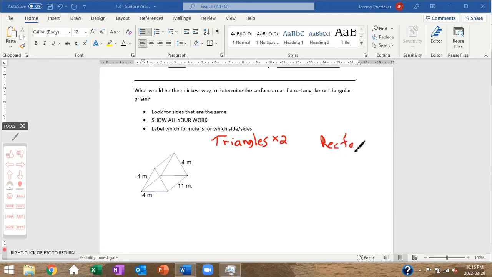In this case, there are 3 of them the same. So it's going to be rectangles times 3. All right, in this case, the triangle's area is equal to base times height divided by 2.